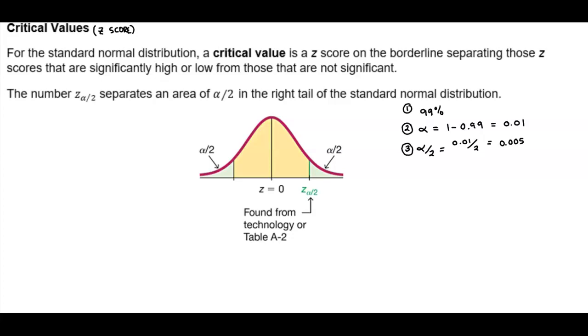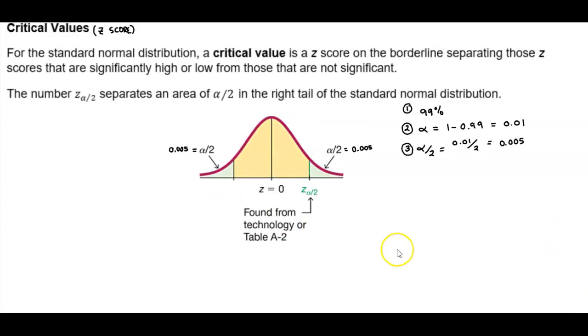If we divide that by 2, we get 0.005, which means that this area would represent 0.005, and this area over here would also equal 0.005. Now again, we want to find the z-score on the right because it says in the right tail. Here's 0, and on this side would be the negative z-score, but here we are only concerned with the positive z-score because it's in the right tail.